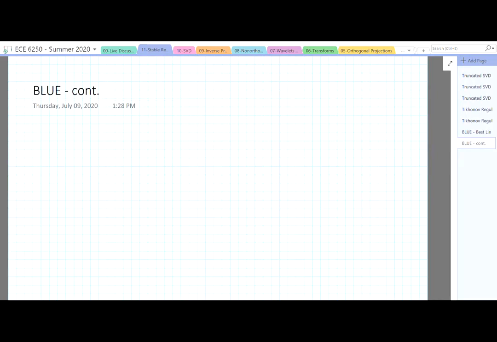We've termed this problem the best linear unbiased estimator, or BLUE for short, and we found that the solution is, well, actually we didn't find it, I just stated it, and now it's up to us to prove that this is really the case. A transpose R inverse.